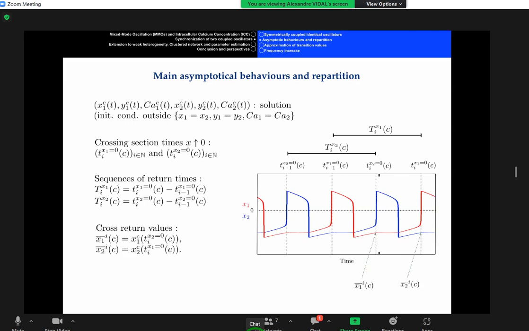We are also interested in the cross return value, meaning the value of the other oscillator when the electrical state variable of the first oscillator passes through 0 from a negative to a positive value.